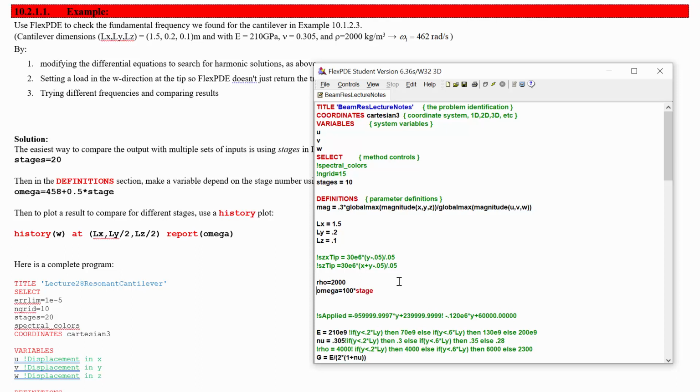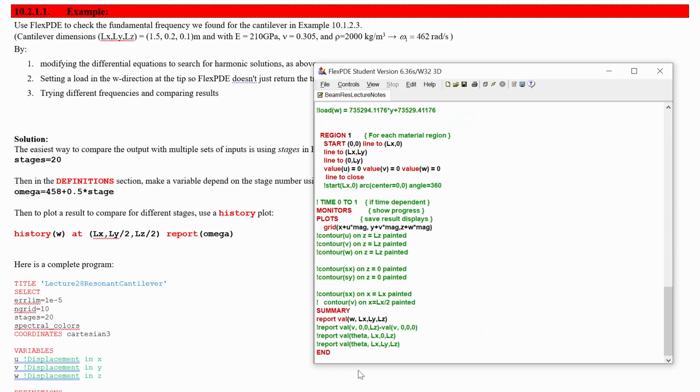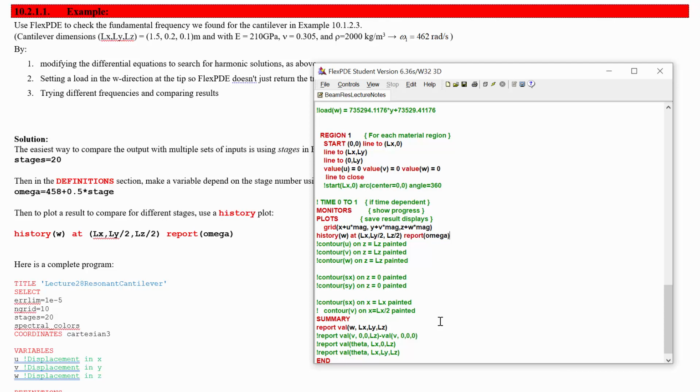So this is going to make it sweep across different numbers: 100, 200, 300, 400, across all the different stage numbers up to stage 10. And then in the plots, we can also make a history plot of W at Lx, Ly/2, Lz/2, like the middle of the end here, and have it also report what the frequency is on that if we like.